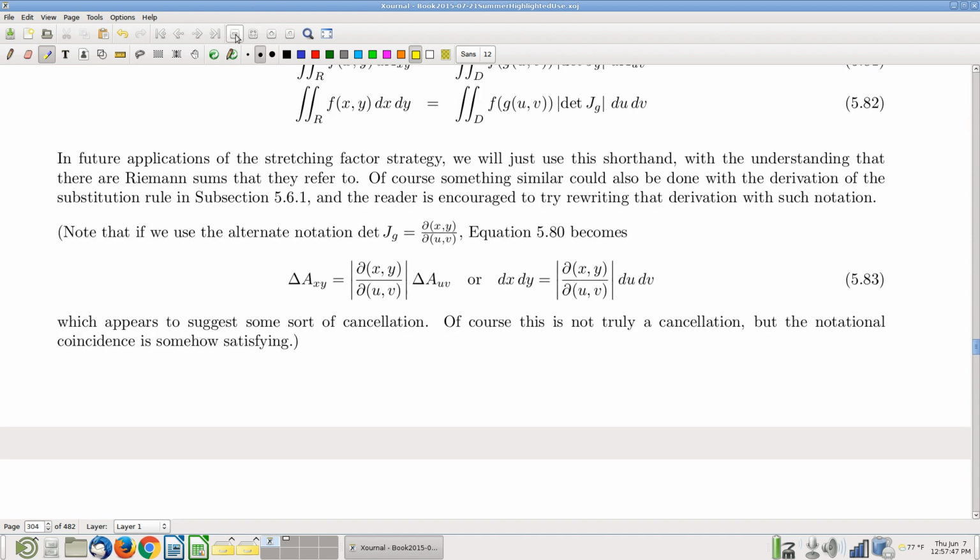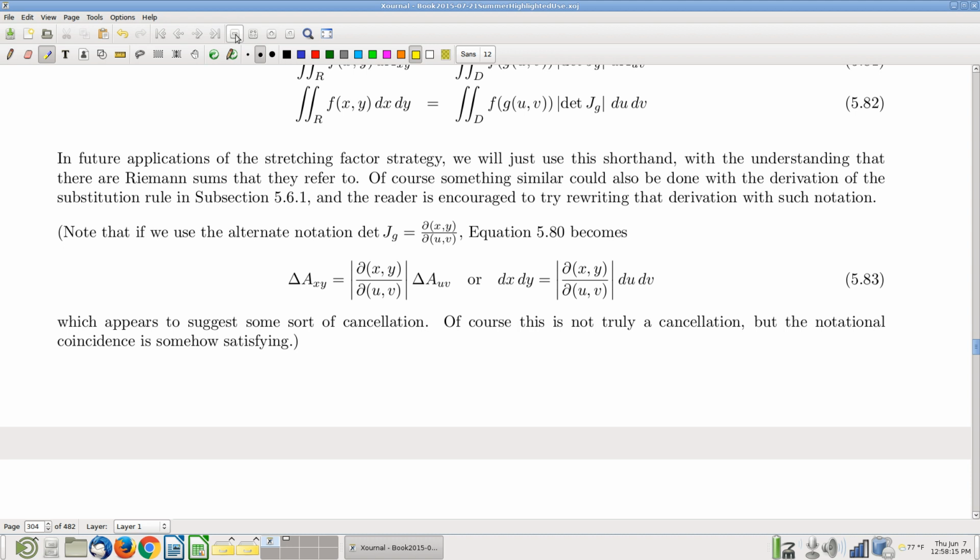It looks like a fraction. Partial, and then we write x comma y in the numerator, and in the denominator partial u comma v. The way you're supposed to read this is we're looking at the partial derivatives of x and y with respect to u and v. Well, of course, that's what the Jacobian matrix is. It's the various partials of the various outputs from g with respect to the various inputs to g.